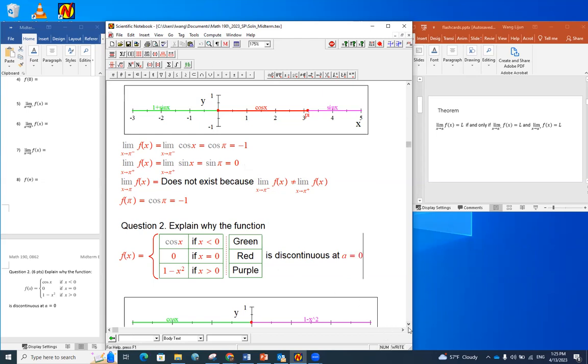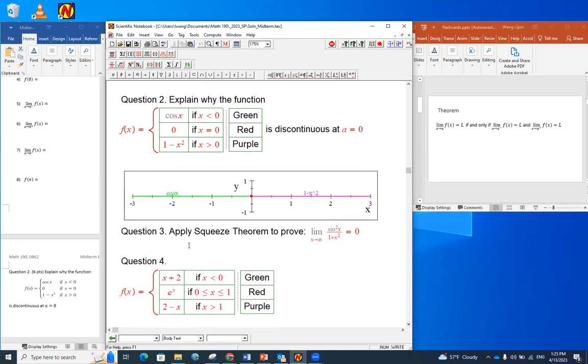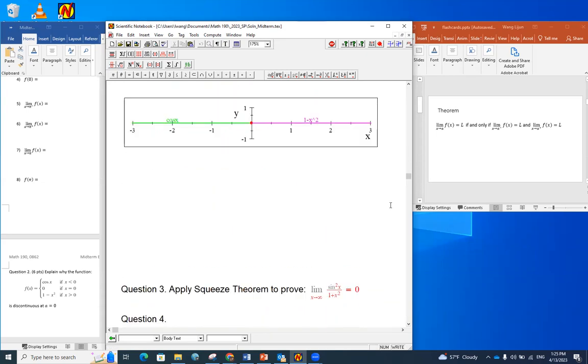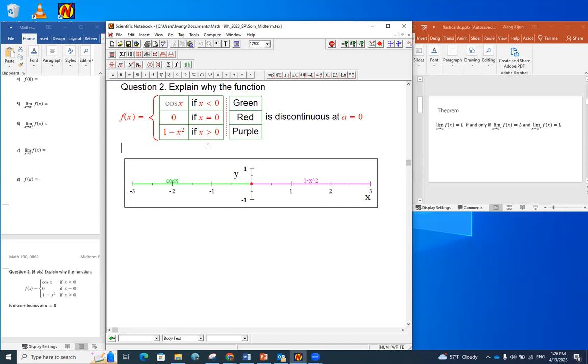Once again, if you look at the function, we use the same strategy. You don't have to know these functions' graphs, as long as you know the function somewhat. When x is less than 0, we have the green.